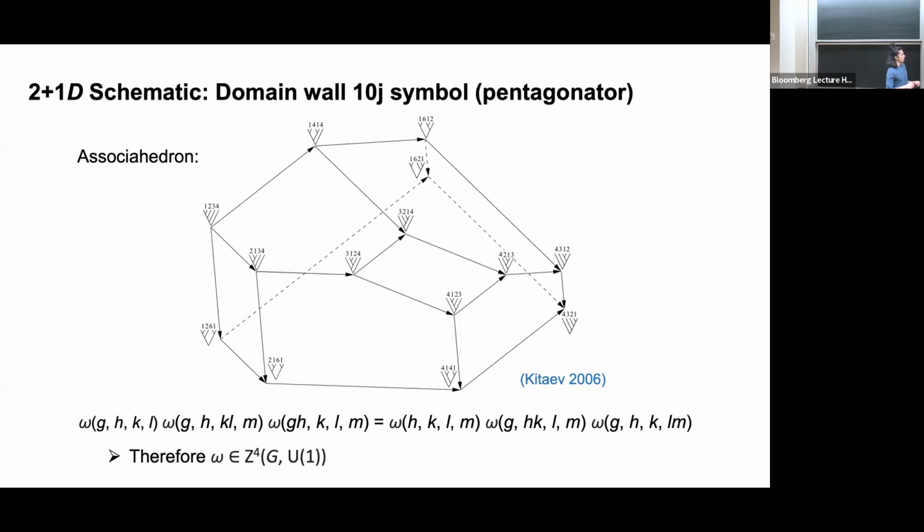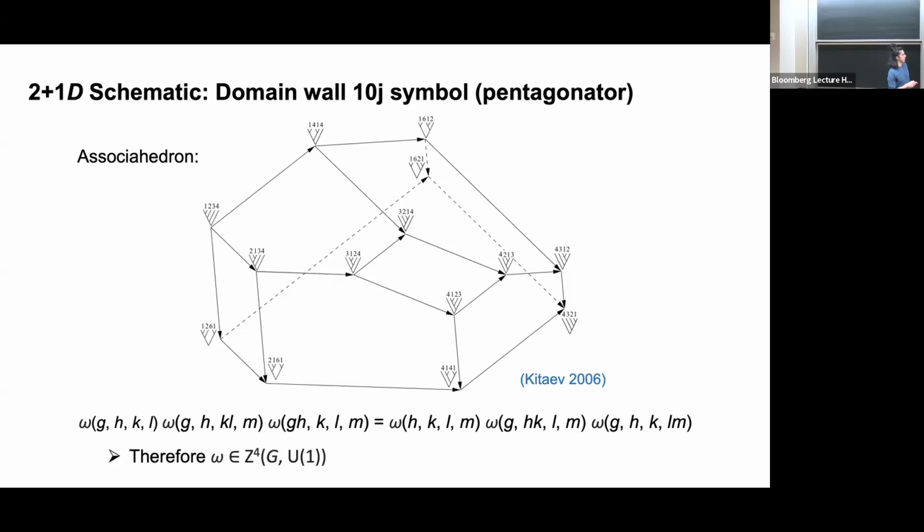We want to compare the phase difference between these two paths in two different ways. One way is to go around one hemisphere of the associahedron. The other way is to go around the other hemisphere. In doing so, we obtain the 4-cocycle condition on omega.